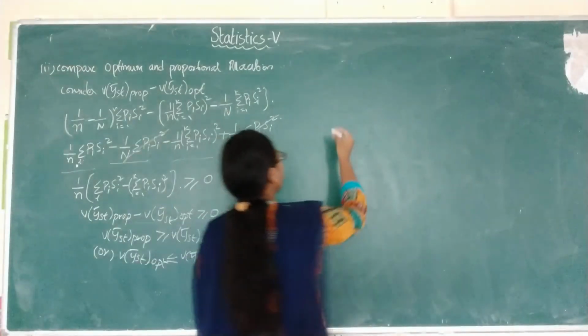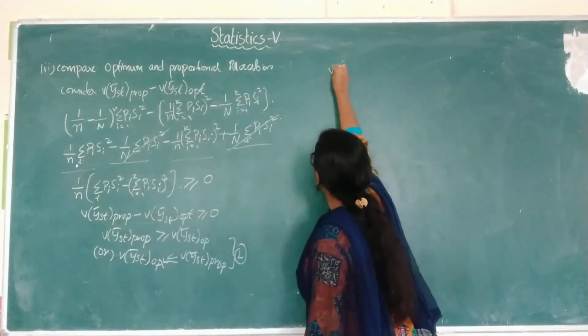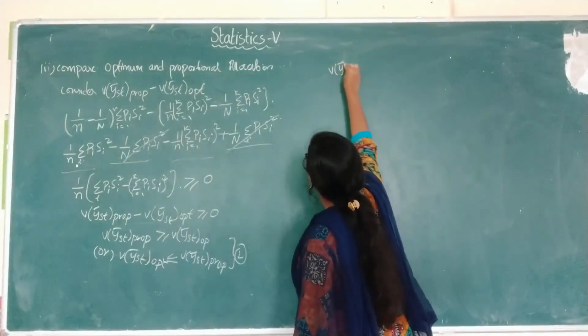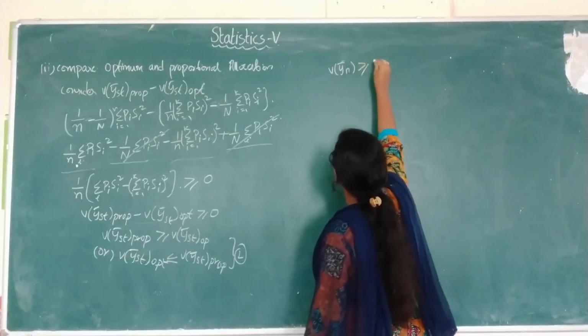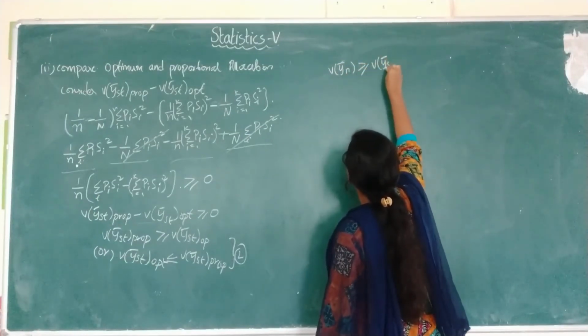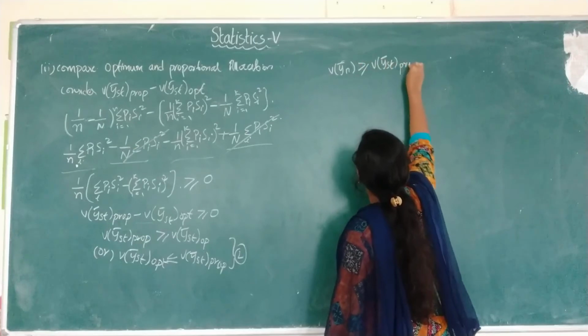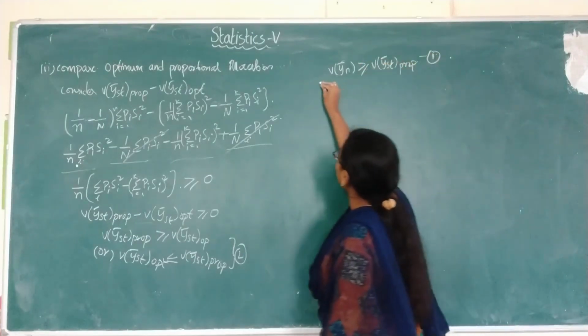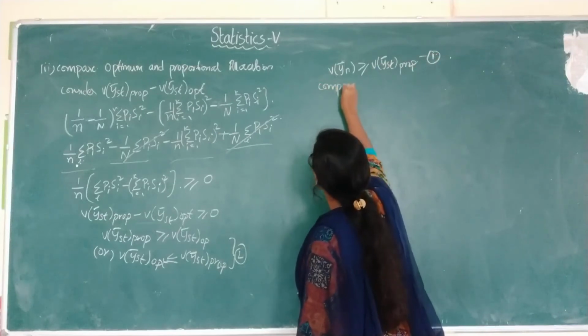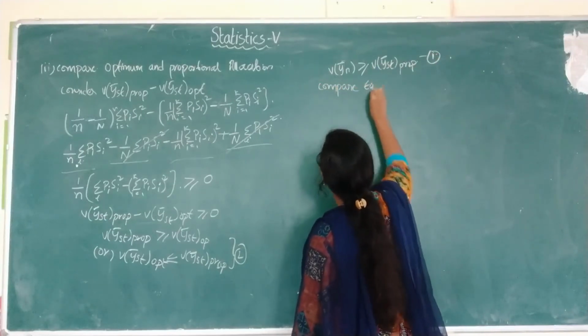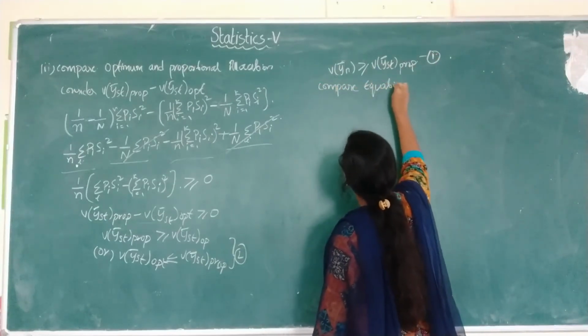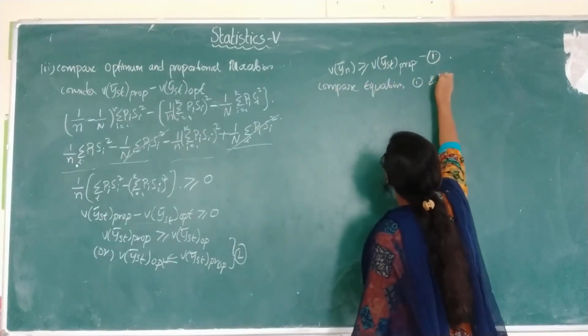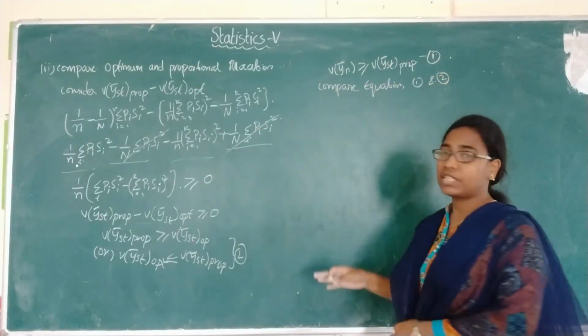Now what was our equation 1? In equation 1 we got variance of y bar n is greater than or equals to variance of y bar st under proportional allocation. So this was our equation 1. Now compare equations 1 and 2.